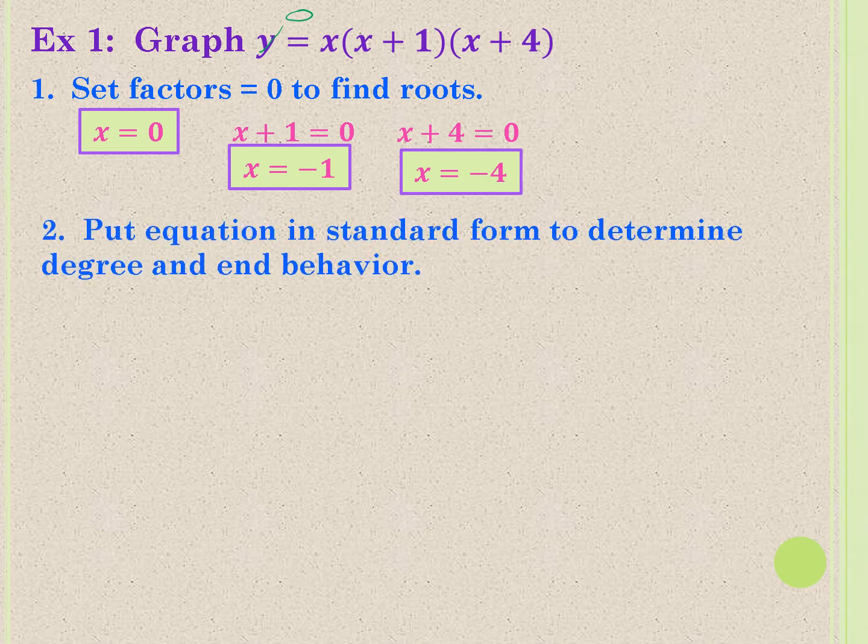Well, if you remember, end behavior is determined by the leading term in standard form. So if your equation is in standard form, this is done for you. If it's not, you gotta put it in standard form. So I have to multiply this together. Now trust me, I have many, many years of experience on this, okay?